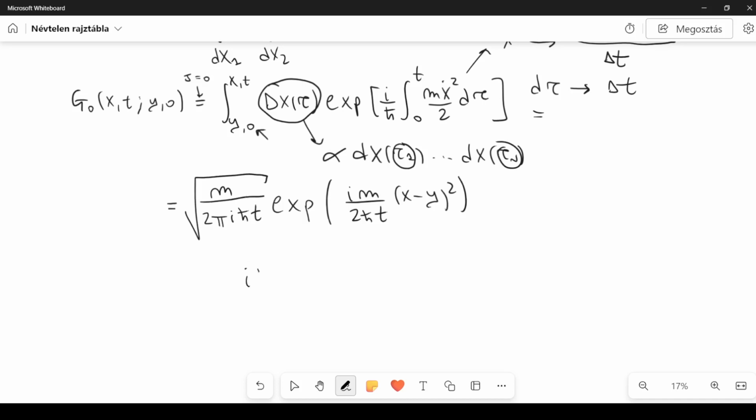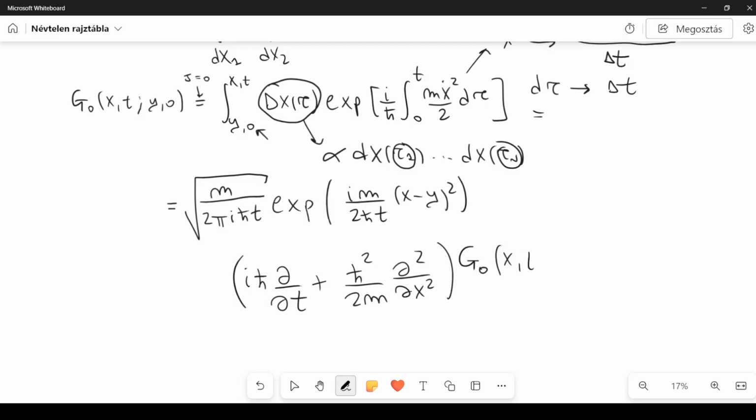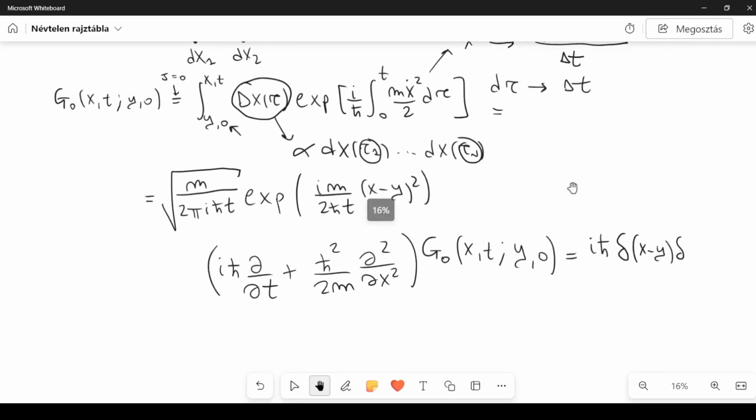In particular, it satisfies: i h bar partial derivative with respect to time, plus h bar squared divided by 2m d squared dx squared, this operator applied to G0 of x, t, y, 0, is equal to i h bar, so this constant, then we have the Dirac delta of x minus y, and then also the Dirac delta of the final time t minus the initial time 0. So basically this is just the Dirac delta of t.